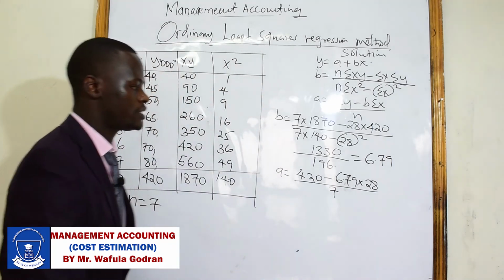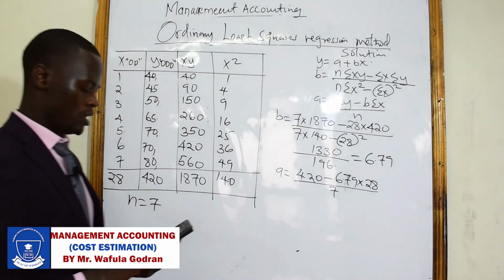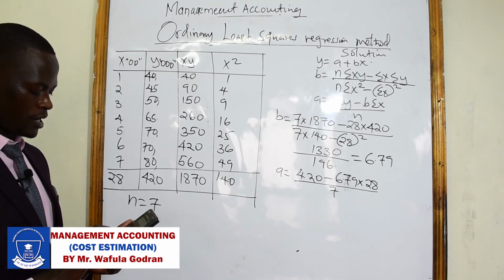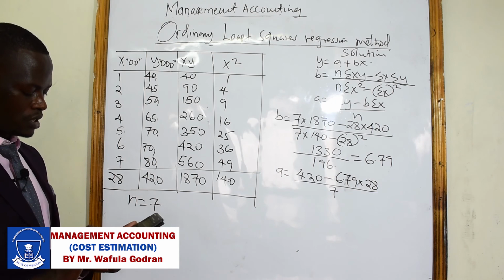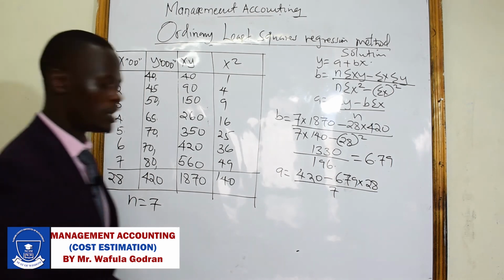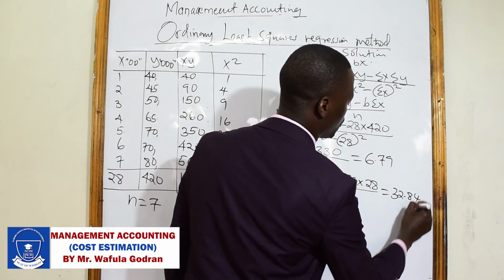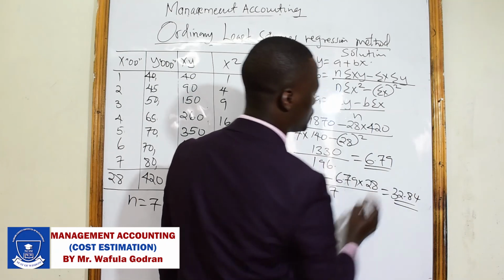So that will give us the value of A. So let's see, 420 minus 6.79 times 28 divided by 7 gives you 32.84. So A is 32.84. So that is A and that is B.